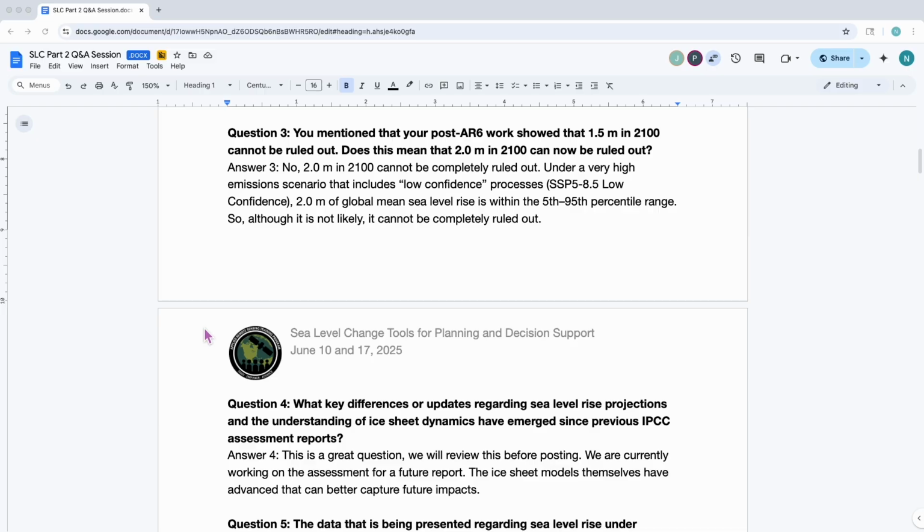So although that means that it's not likely, it can't be completely ruled out. I'll just add there, Denis, that also it's only for the SSP5-8.5 with low confidence processes. So it really is out there on the tail of what we expect, but certainly not completely ruled out, like Denis said.